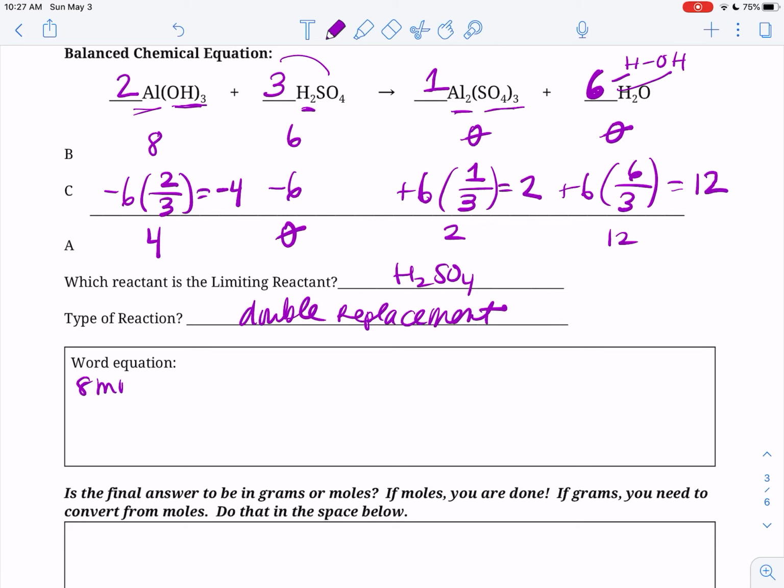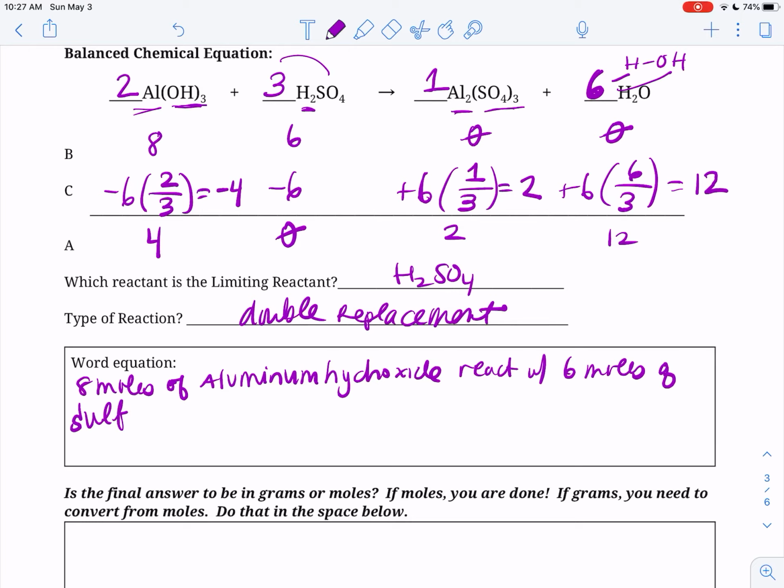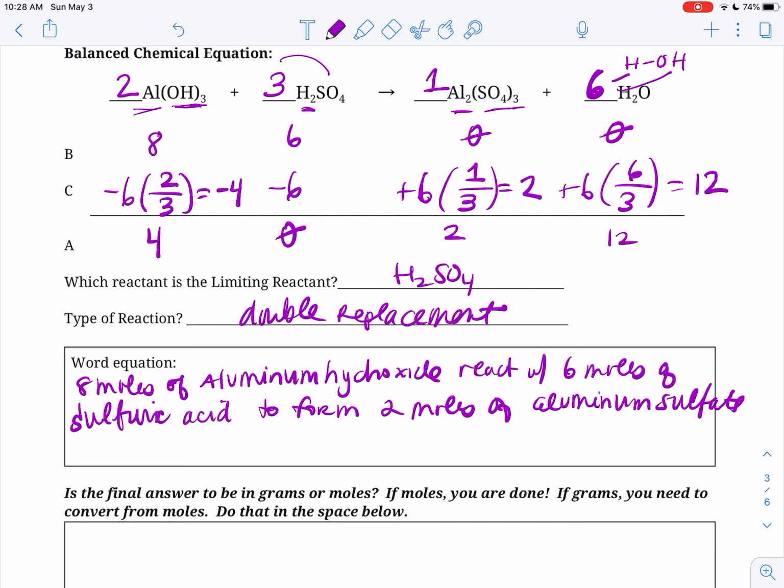Word equation: 8 moles of aluminum hydroxide, make sure you use the names, okay, and not the symbols, react with 6 moles of, I'm just going to go ahead and call it sulfuric acid because that was given, okay, to form 2 moles of aluminum sulfate and 12 moles of water.